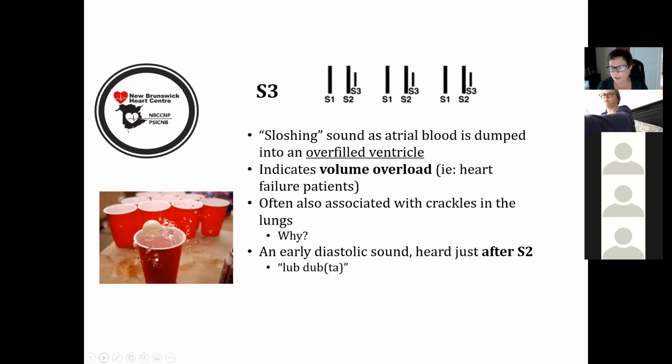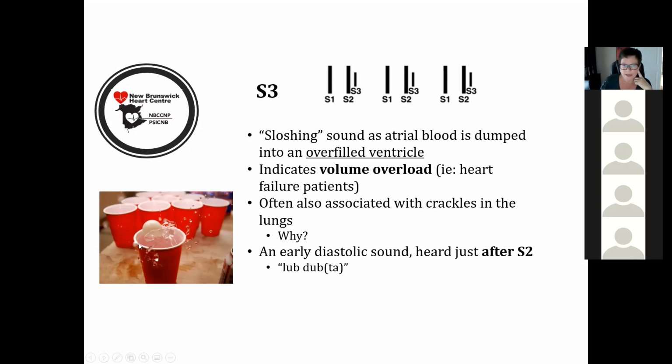It looks like pretty watered down beer, but I always think of an S3 as a ventricle that is overfilled, and now the mitral valve is open and the atrium is dumping new blood into this overfilled ventricle. And it makes kind of a sloshing sound.